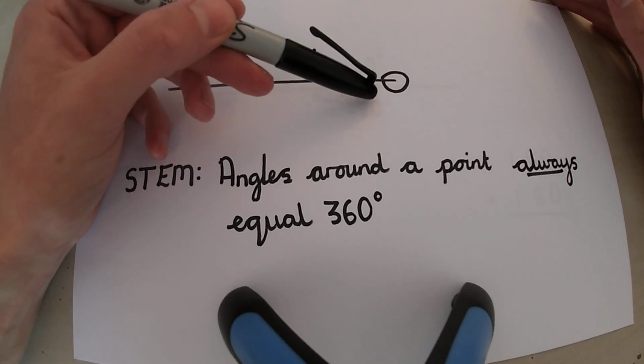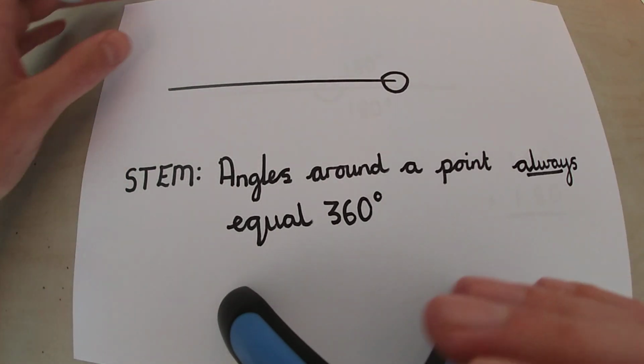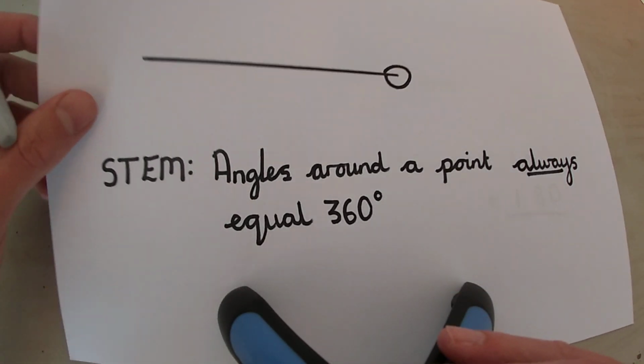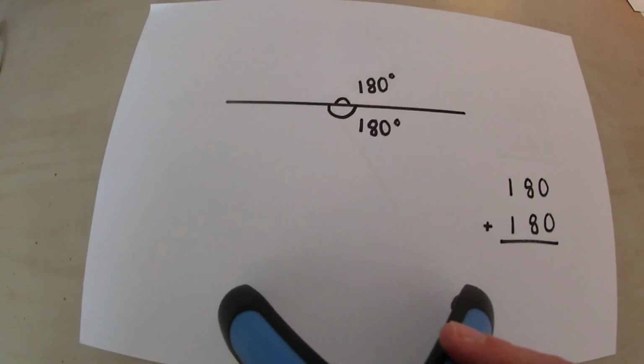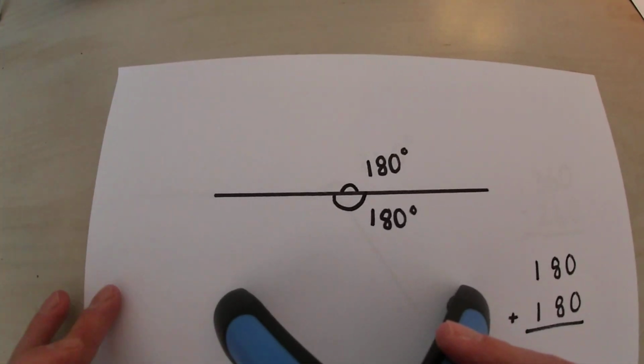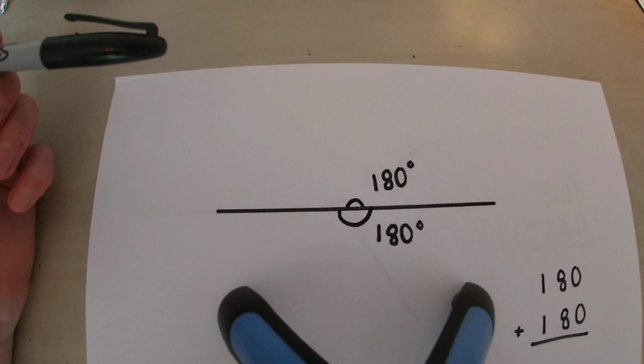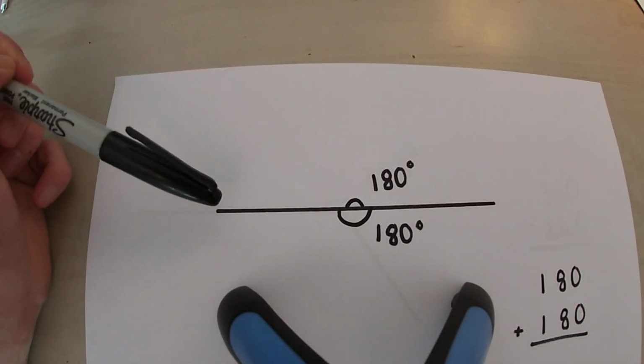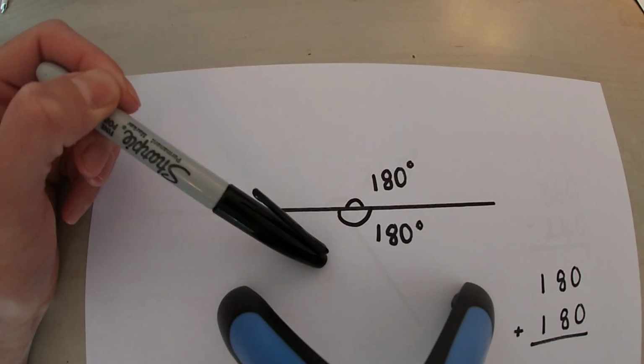It is 360 degrees. And the way that we know it's 360 degrees is because angles around a point is exactly the same as two straight line angles back to back.